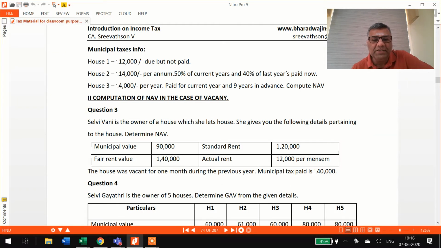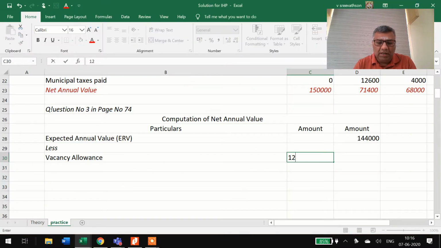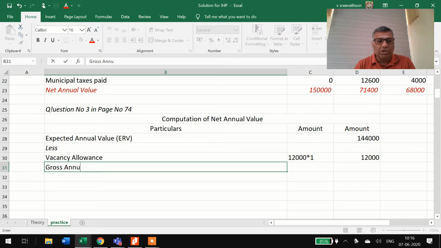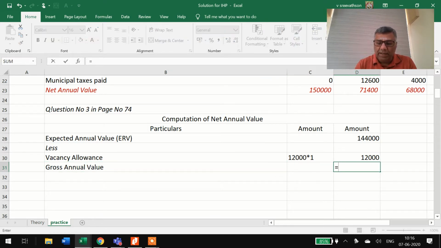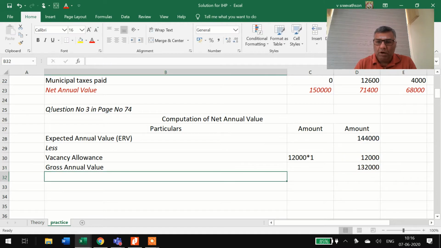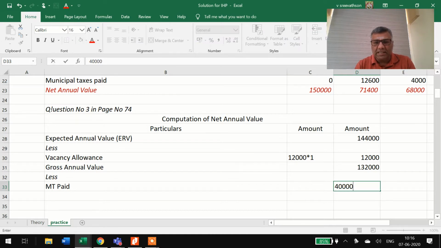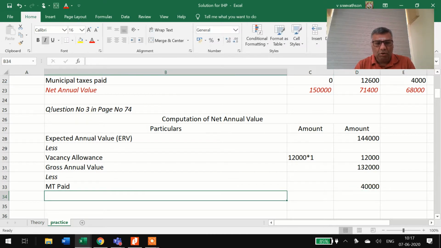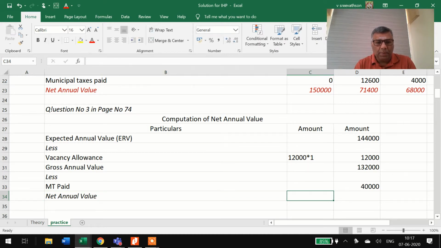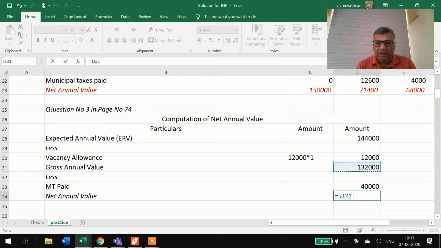The question says the house has remained vacant for 1 month, so rent per month into number of months of vacancy, 12,000. I get my gross annual value, 1,32,000. Less municipal taxes paid, the question says 40,000. Therefore, net annual value is 92,000.